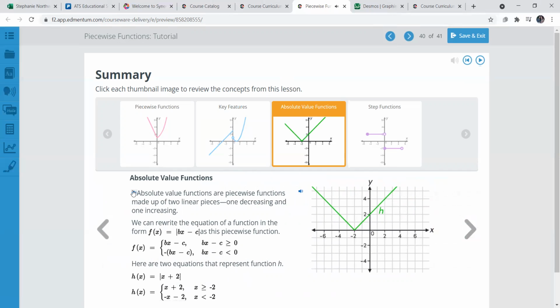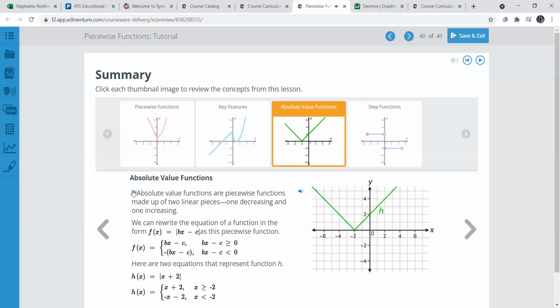Absolute value functions. Absolute value functions are piecewise functions made up of two linear pieces, one decreasing and one increasing. We can rewrite the equation of a function in the form f of x equals mod of bx minus c as this piecewise function.